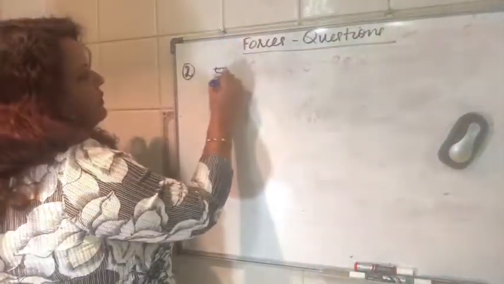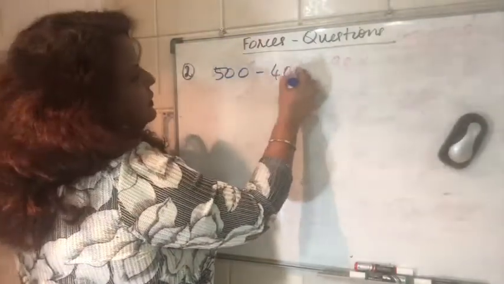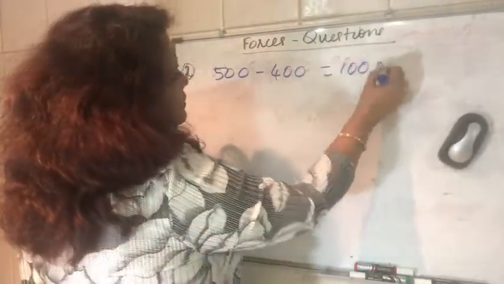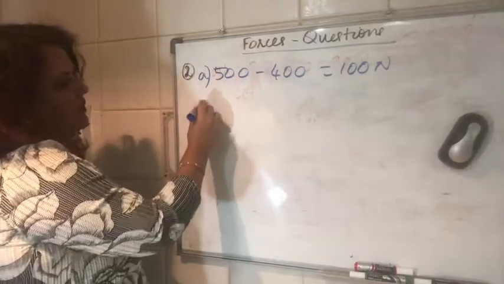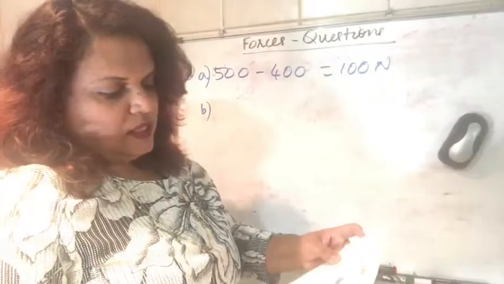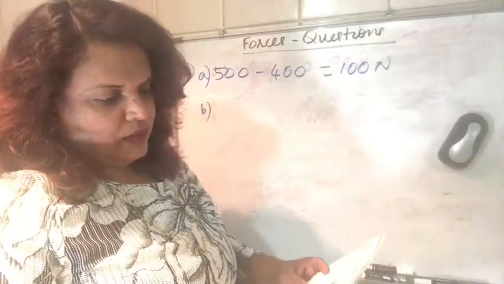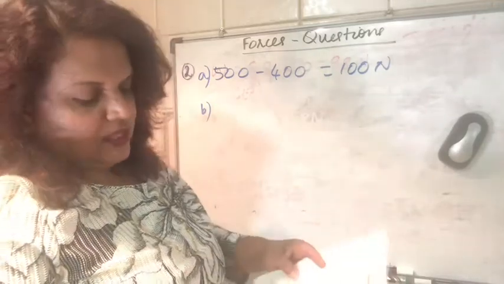Alright, question 2, part A was, calculate the resultant force acting on the person. So if you have identified the forces 500 and 400, it's a very simple straightforward calculation. 500 forward force is greater, so 500 minus 400, which will give you 100 Newton. That's your part A. For part B, the question was the acceleration of this gear. So you have the mass of this gear given as 78 kilograms.